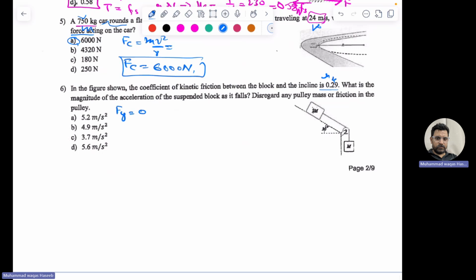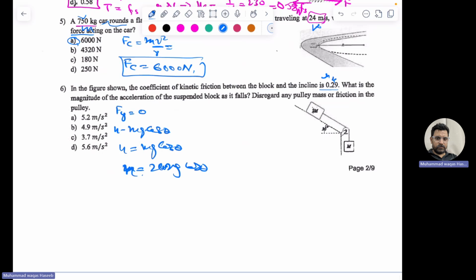The forces along y are normal minus mg cosine theta, so the normal force is mg cosine theta.